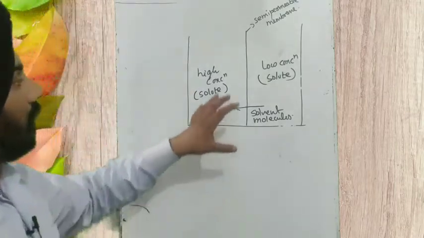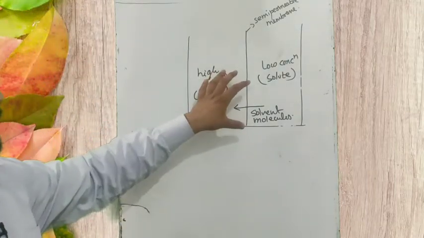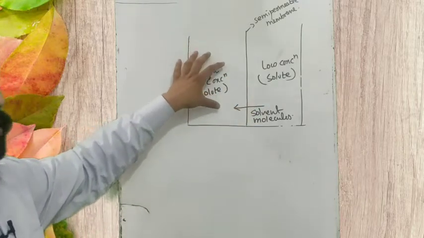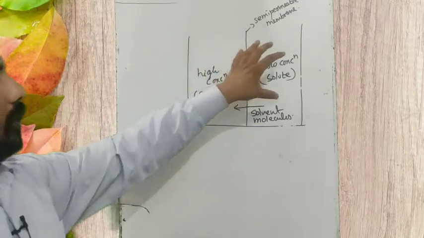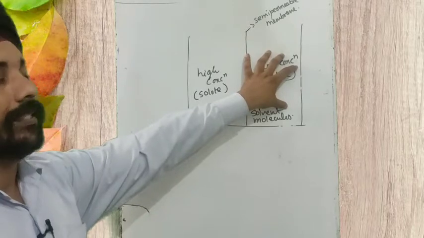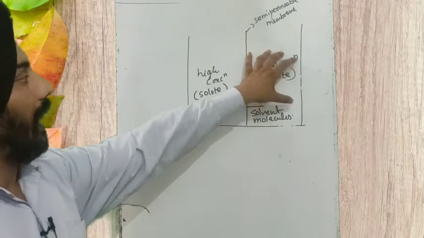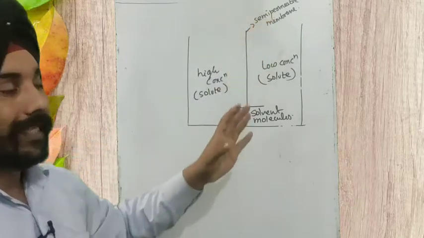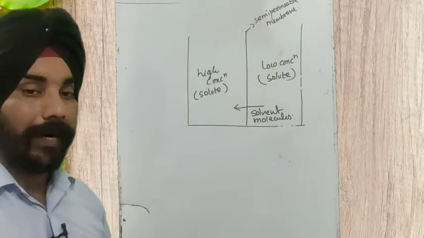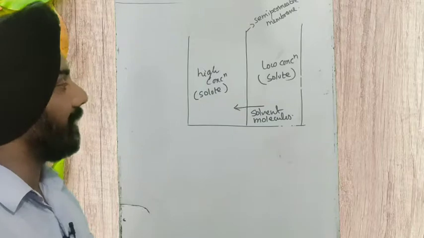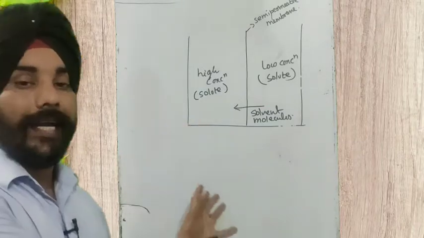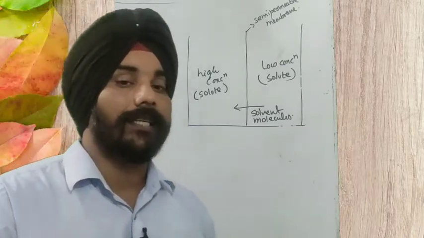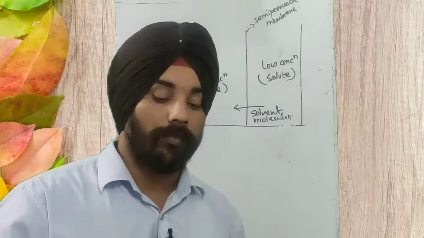So you have understood what osmosis is: two solutions with different concentrations of solute are separated by a semi-permeable membrane, and solvent molecules start passing from lower concentration of solute to higher concentration of solute. This process is known as osmosis.